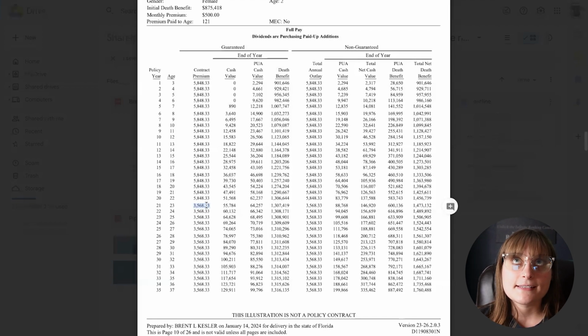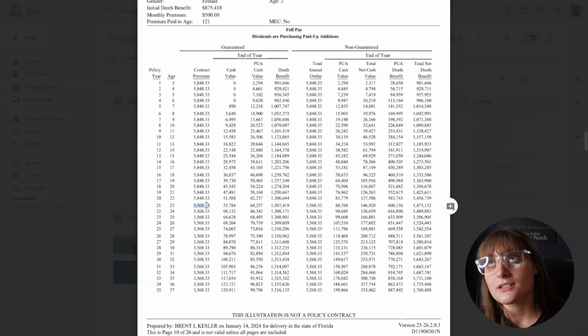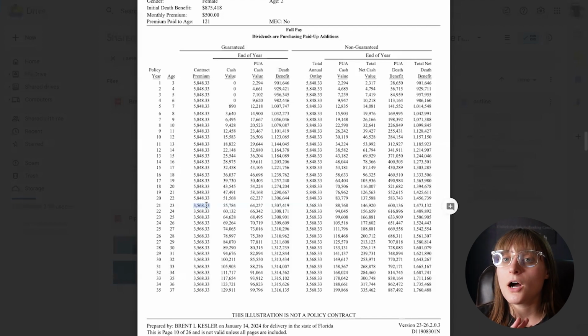I mean, yes, technically it could, but then you've got to go in and do a policy change application. You've got to get it approved by underwriting, and it's just a process. So just pay the minimum, $10 a month, $120 a year, to keep that paid up additions rider attached.